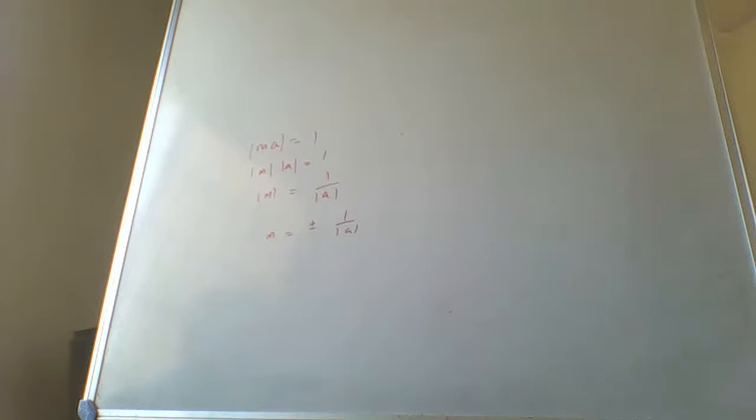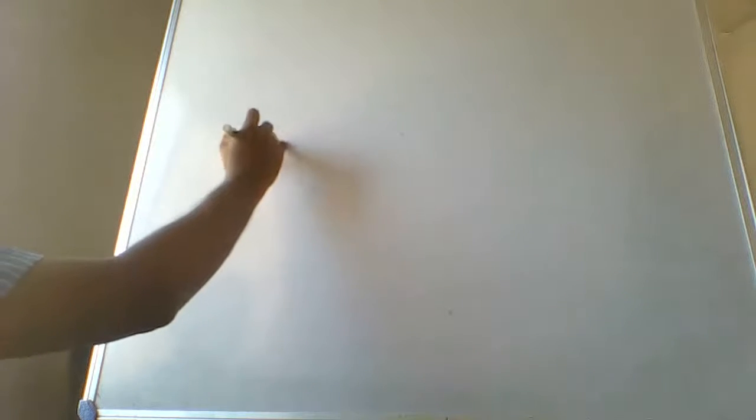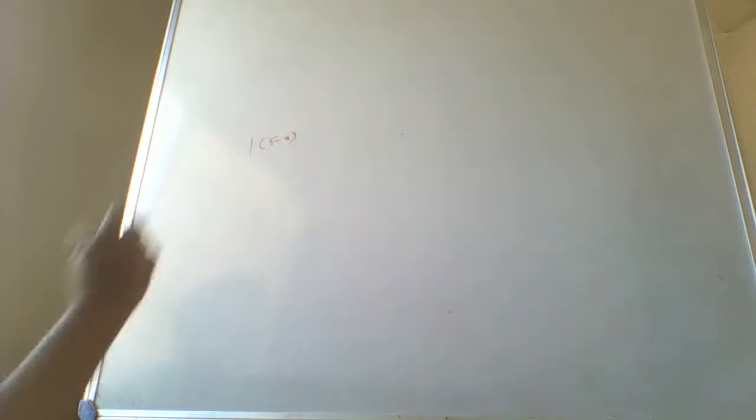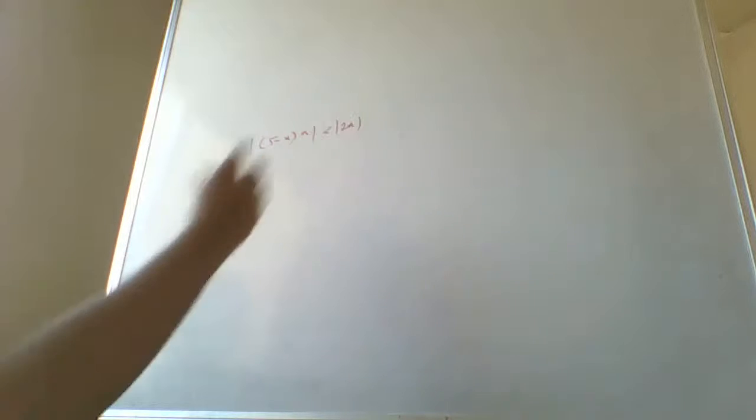Suppose I have another problem: to find, for a non-zero vector A, the set of real numbers x which satisfy mod of (5 minus x) times A is less than mod of 2A.